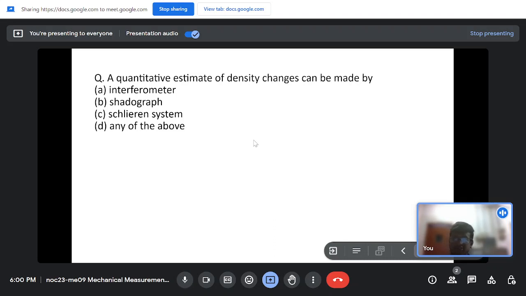The first question is, a quantitative estimate of density changes can be made by, so a quantitative, not a qualitative, estimate of a density change can be made by: A. Interferometer, B. Shadowgraph, C. Schlieren system, D. Any of the above.